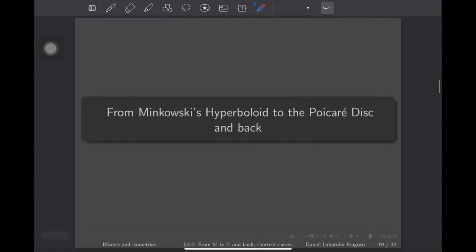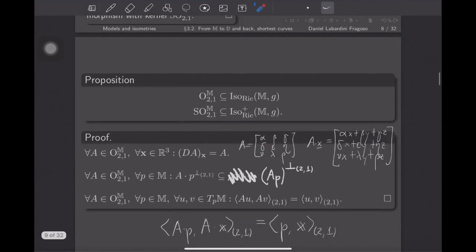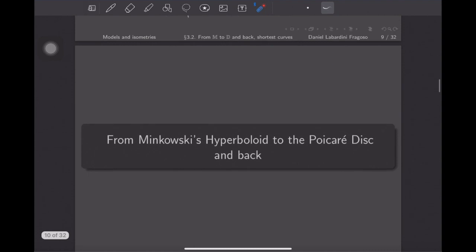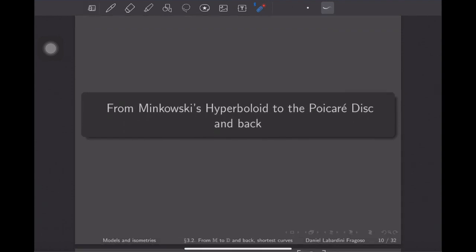Right now my study is still focused on the hyperboloid. But I'm going to go quickly to the Poincaré disk, and then come back, because I want to study the shortest curves between points in the hyperboloid, but there is a result that I don't know how to prove directly in the hyperboloid, and I know how to prove in the Poincaré disk.